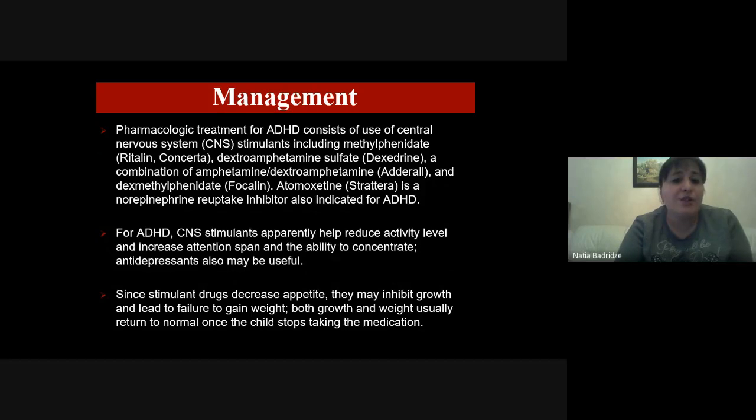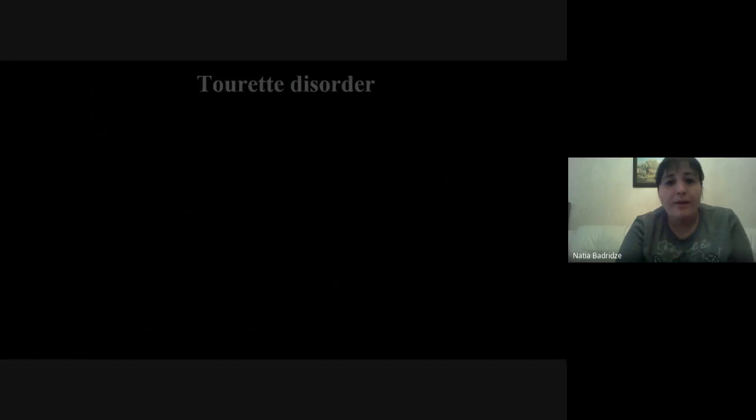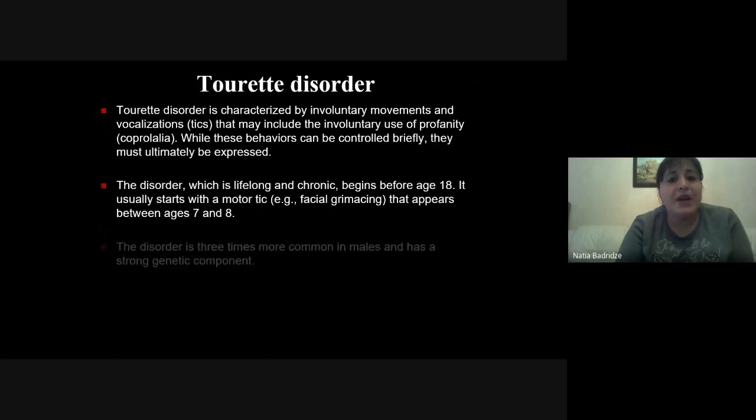These CNS stimulants reduce the activity levels and increase the attention span and the ability to concentrate. And that's why antidepressants may also be helpful. For example, a norepinephrine reuptake inhibitor is an antidepressant drug, which might also be helpful.